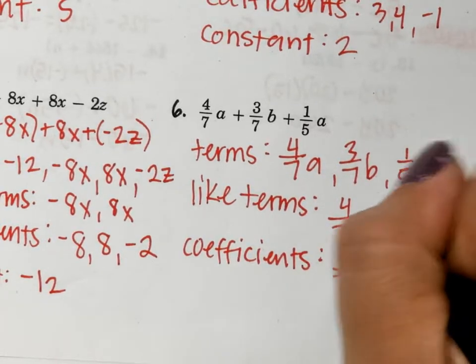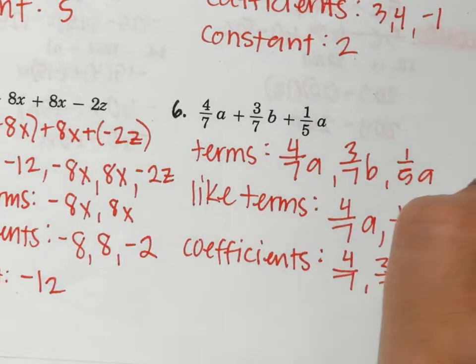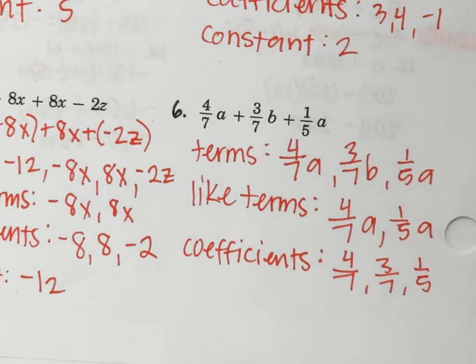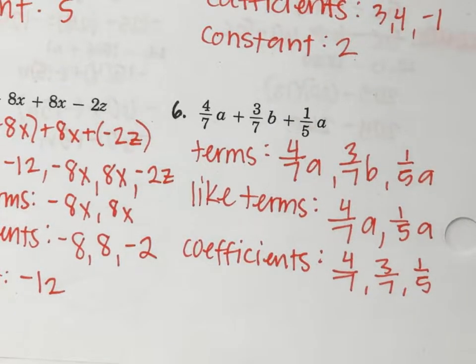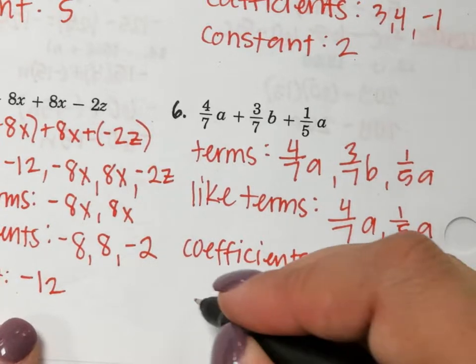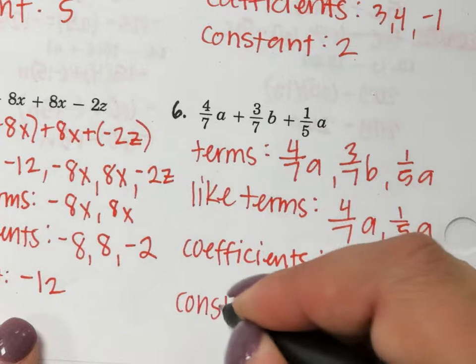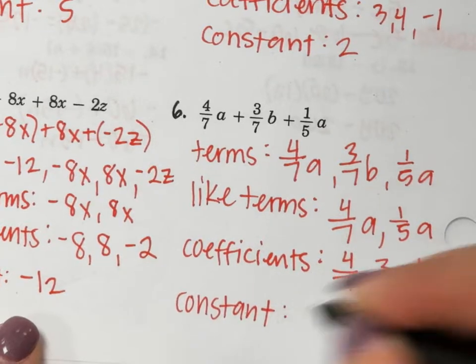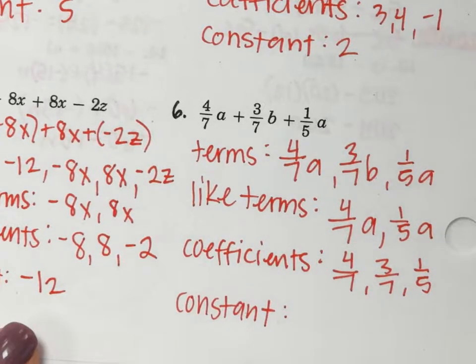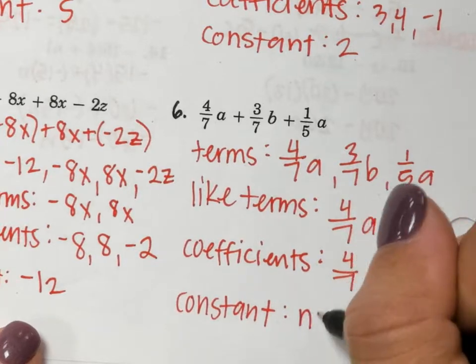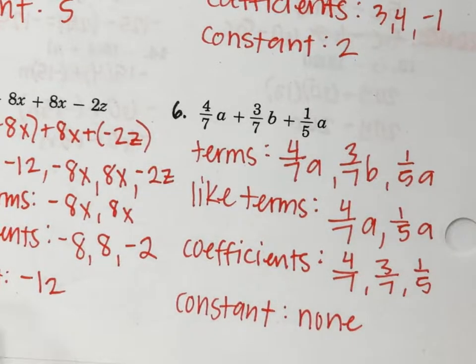Good. 4/7, 3/7, and 1/5. What about my constant? Don't have any. No constants.